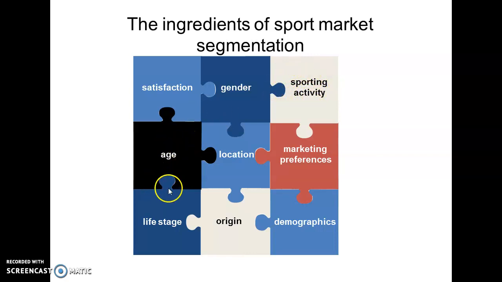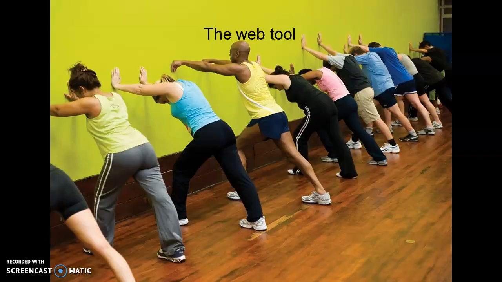Who's it for, age range, where are they in their life stage? What's their demographics, etc. How do they want to be told about the promotion of things? So social media, leaflets, face-to-face, online, etc. So there's lots for you to think about in terms of developing your sport physical activity for the target group.